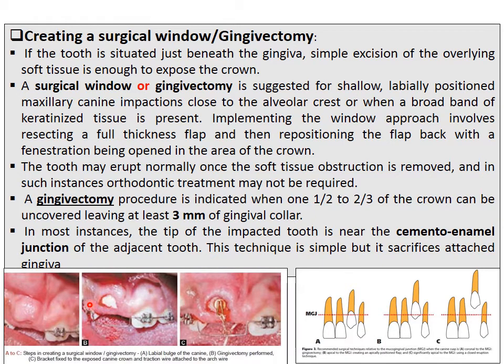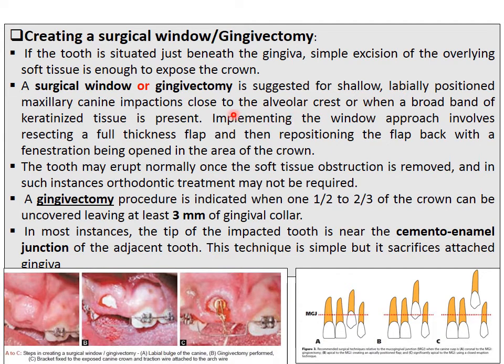The surgical window or gingivectomy is suggested for a labially positioned maxillary canine when it is very close to the alveolar crest, or when there is a broad band of keratinized tissue covering the tooth.